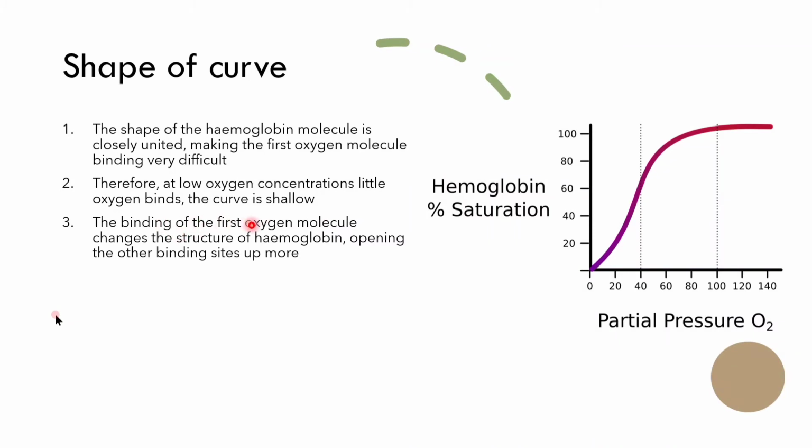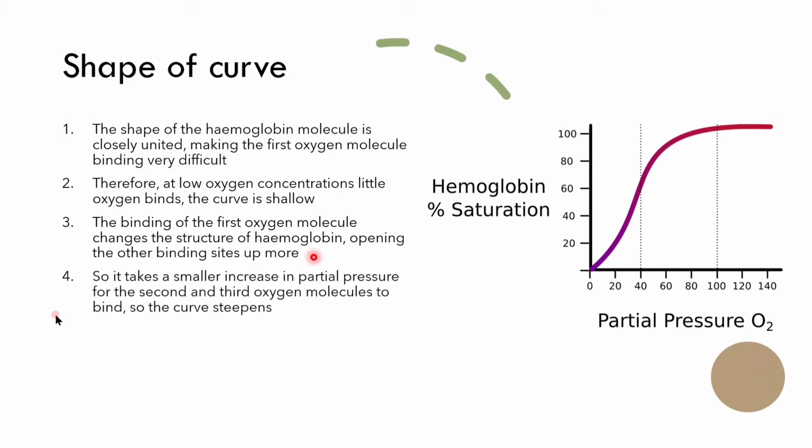And the binding of the first oxygen molecule changes the structure of the hemoglobin. And so the binding of this oxygen molecule will cause a structural change within the hemoglobin, and this will open up the other binding sites more. So this closely united quaternary structure will open up slightly when the first oxygen molecule binds, exposing these binding sites.